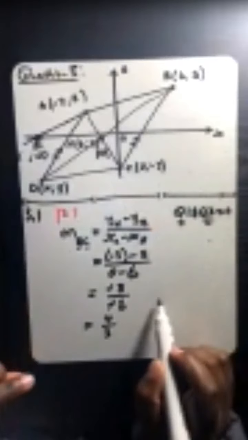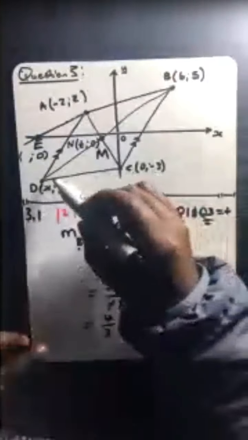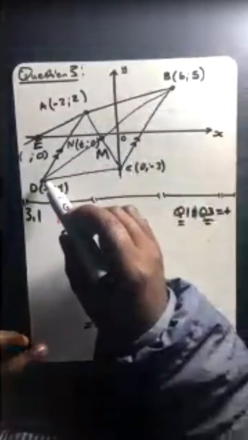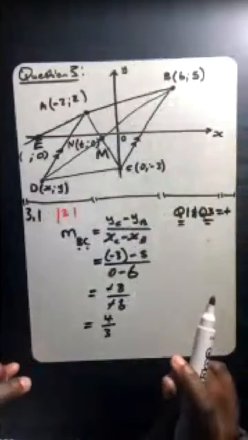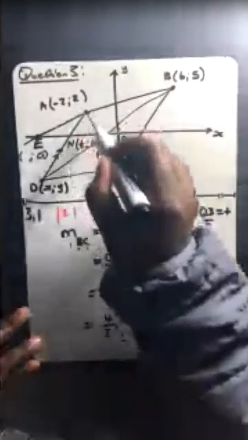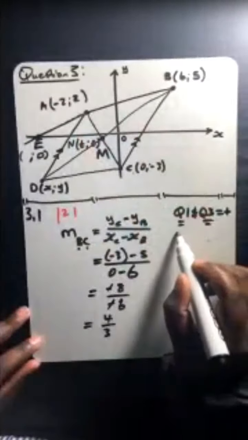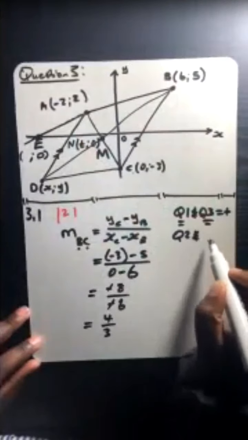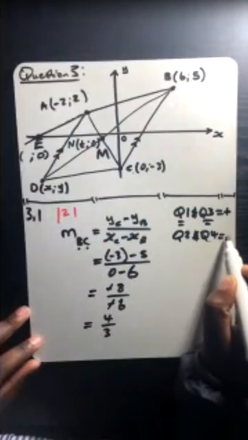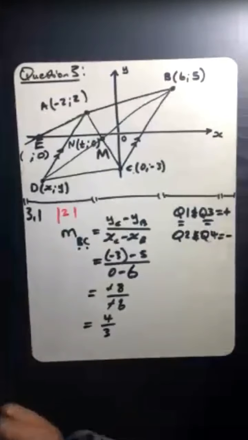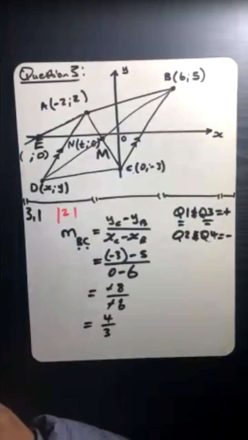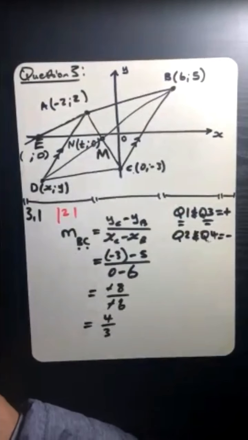So it seems like 1, 2, 3, 4, and also that one, they've got positive gradients. It's only this one which has got a negative gradient because it passes through quadrant number 2 and quadrant number 4. So we have a negative gradient over there. I hope that makes perfect sense, guys.